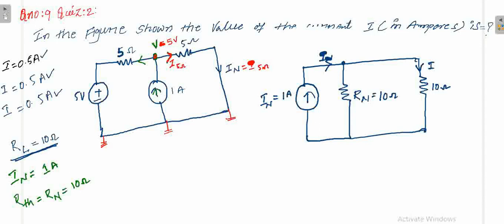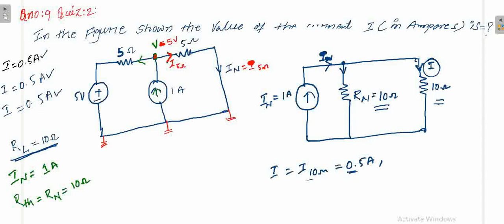By applying the current division rule, or by observation itself, you can tell that I is equal to I through 10 ohms. You can directly write it as 0.5 amps, because here you have two equal resistors. Whatever current comes to this node is equally divided into these two branches. So I10 is equal to 0.5 amperes.